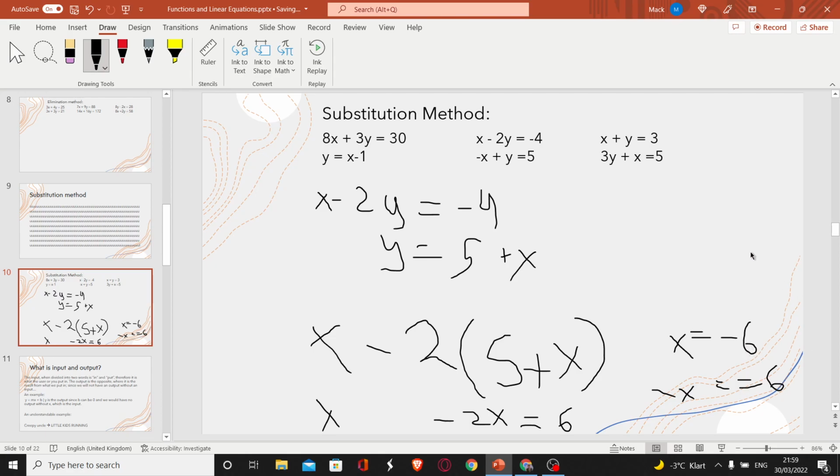I can cross confirm this by plugging it into the equation to find y first. As we know, y is equal to 5 plus x. x is -6, 5 plus -6 is -1. So y is equal to -1.